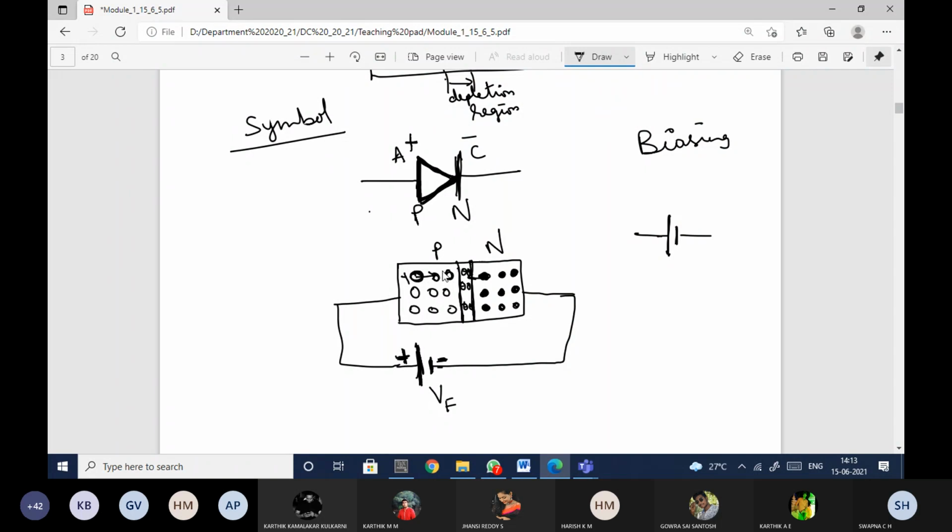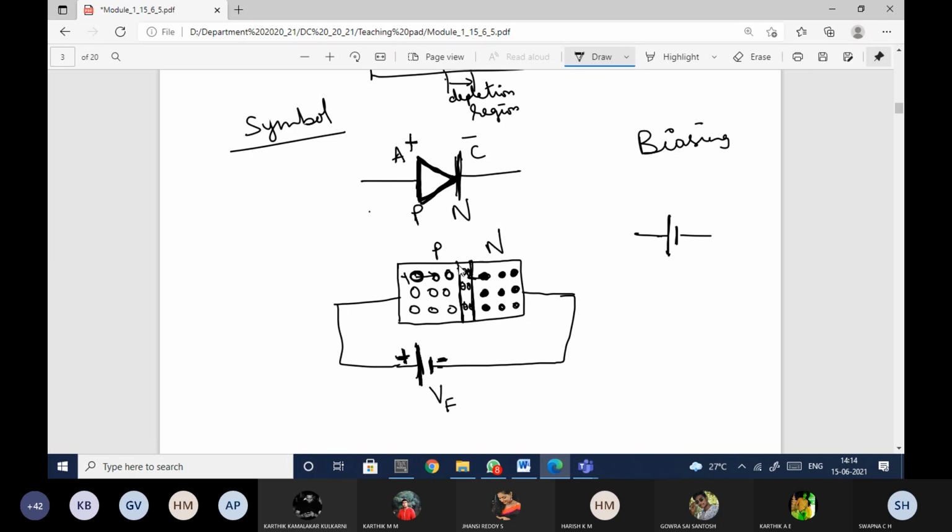Holes moving in this direction means, see, I have an electron and a hole. This is my hole and this is my electron. The hole moving in this direction means this electron will come and occupy this position, and this will be the hole position. That's what I mean. So holes are moving in this direction and electrons are moving in this direction.